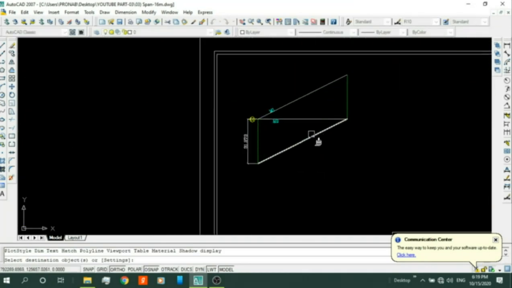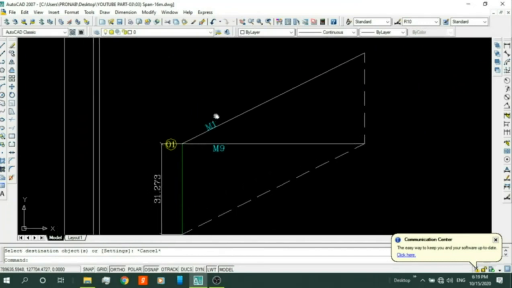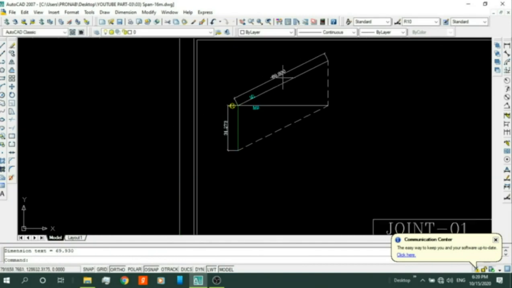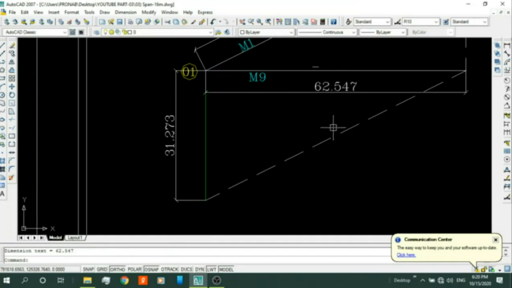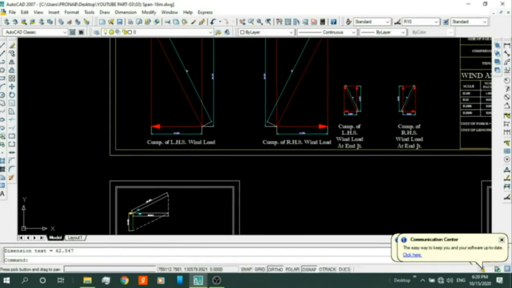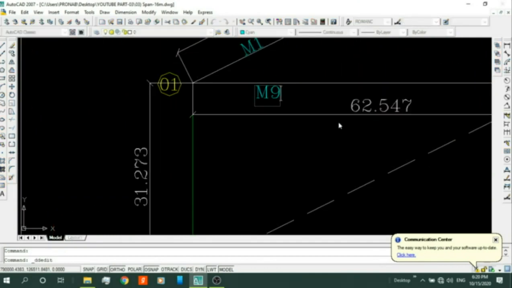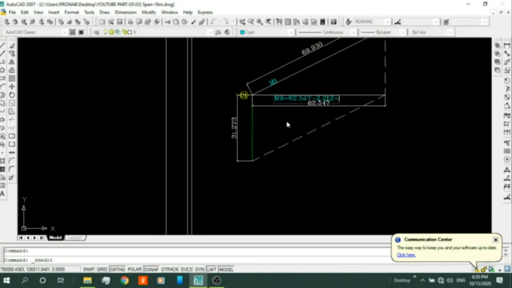So the value of force in member 1 is equal to 69.930 and value of force in member 9 is equal to 62.547 minus 2.212, which is equal to 60.334 kilonewton.